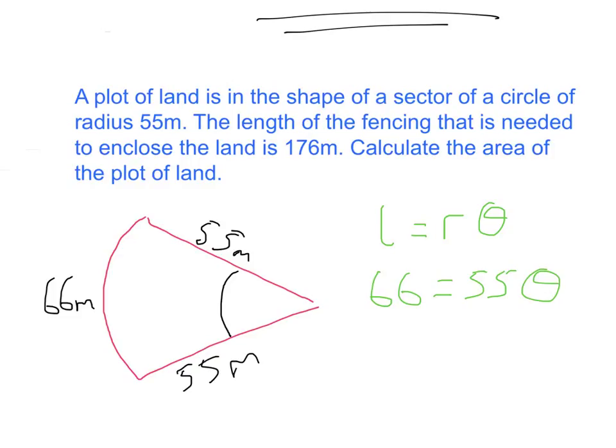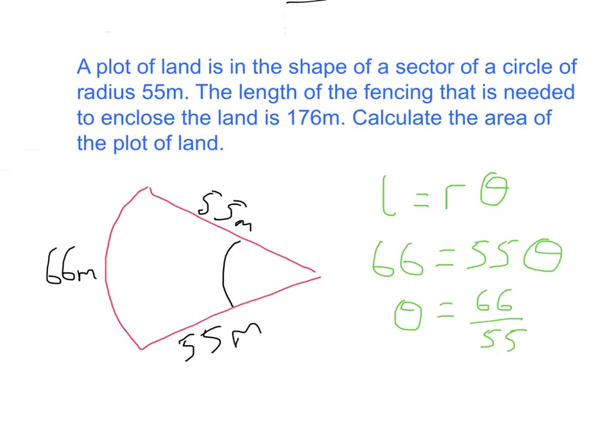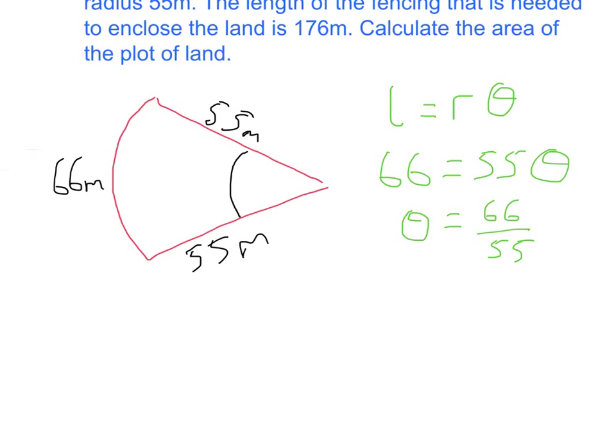So actually, my theta is equal to 66 over 55, which I believe simplifies down to theta having a value of 1.2. Remember, we're dealing with radians. 1.2. Perfect. Right, it's coming together.